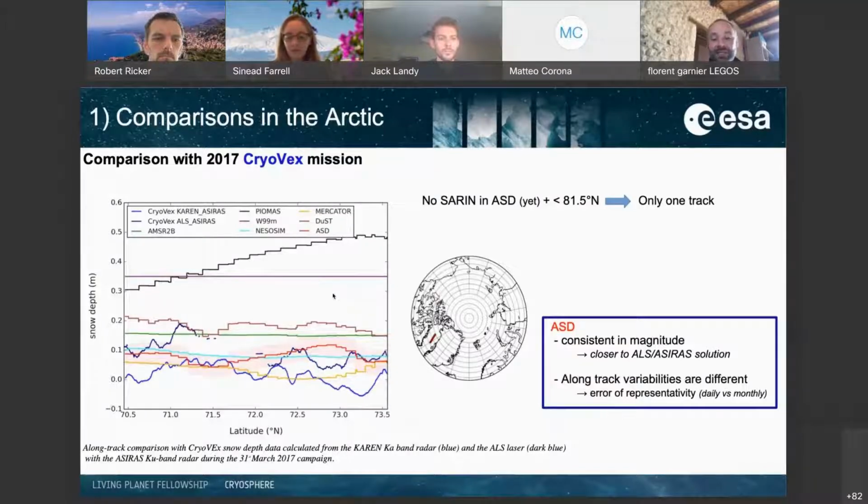And we found consistent results in terms of magnitude from ISD, which is included between the laser and the radar snow estimation, maybe a little bit closer to the laser data. But the variability is quite different here. But it's important to remind that we are comparing some monthly means against some daily data. So there is, in any case, some error of representativity when you do this kind of validation comparison.